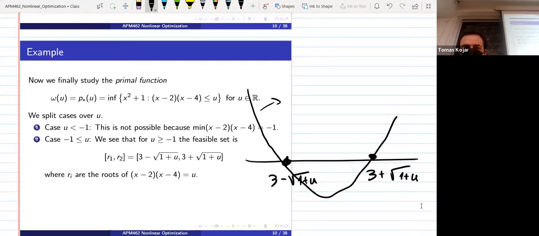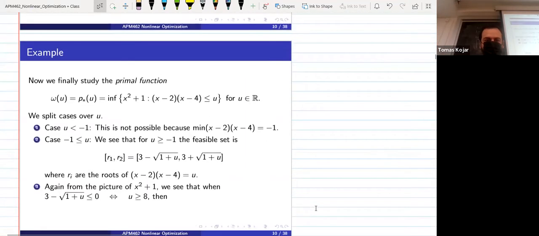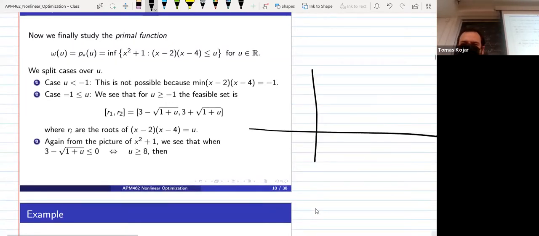And this is the function x minus 2, x minus 4, minus u. All right. You want the feasible set. So the feasible set is over here. This is the place where it's negative. All right, good. Now let's go back to our x squared plus 1, which at 0 is 1. So it's like this.